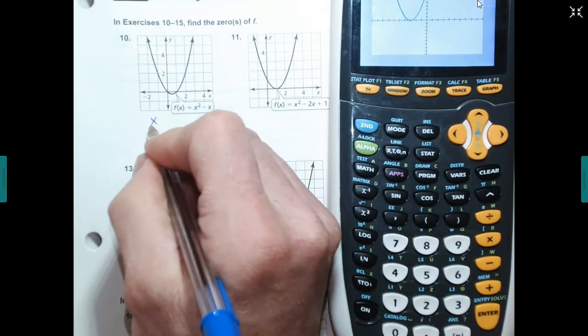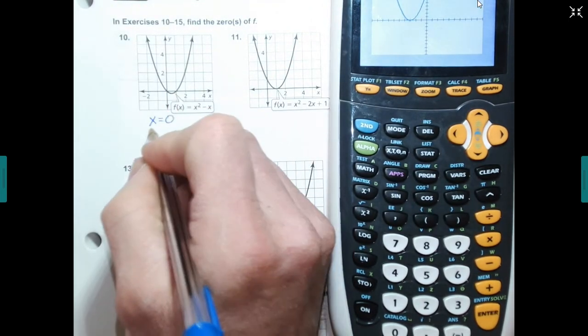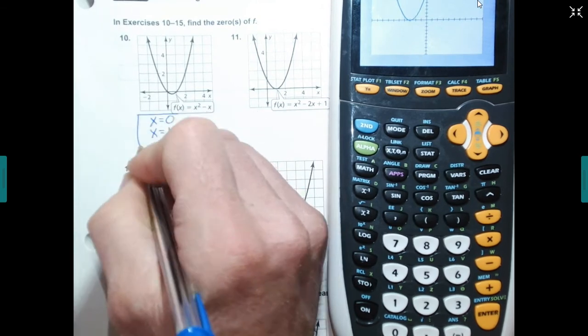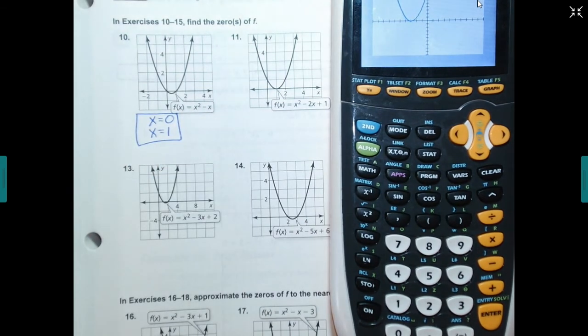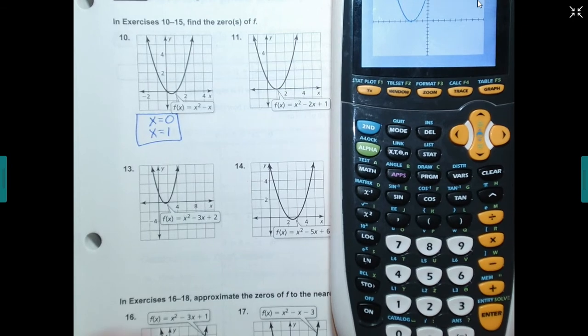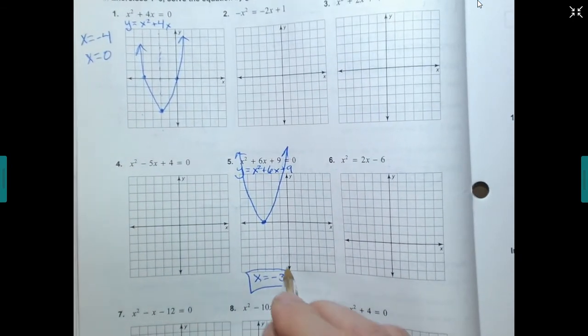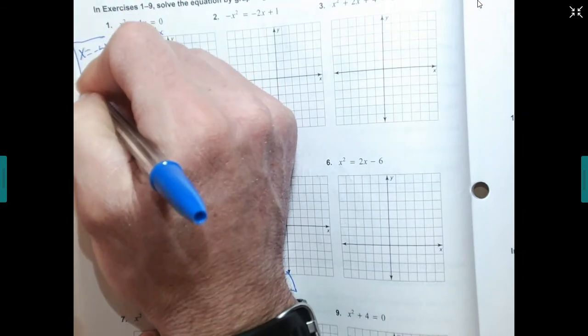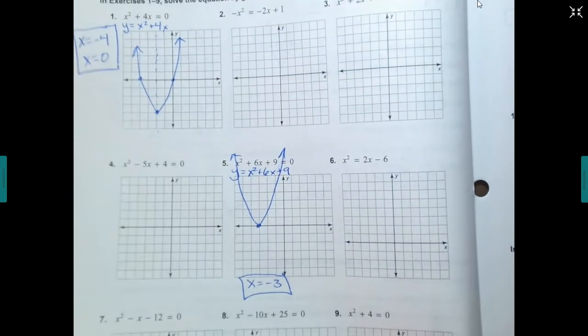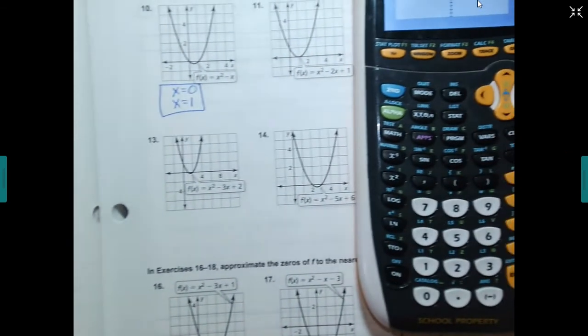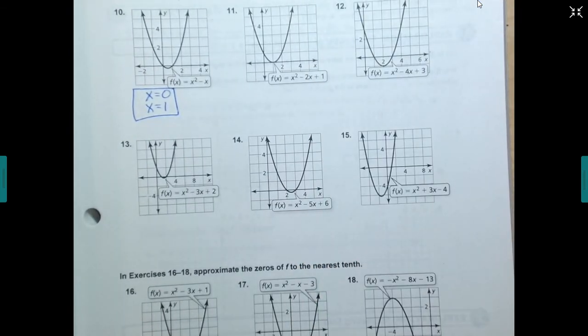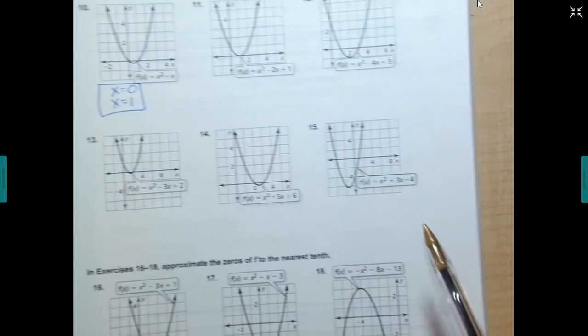So I have x equals 0 and x equals 1. Find your zeros. There's your zeros. Don't forget, like I forgot, to put a box around your answers. Okay?